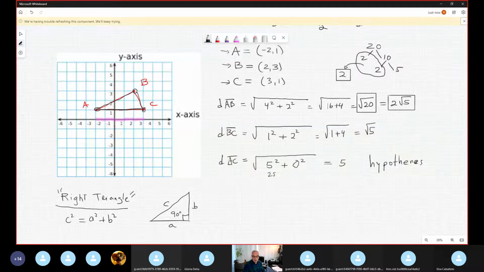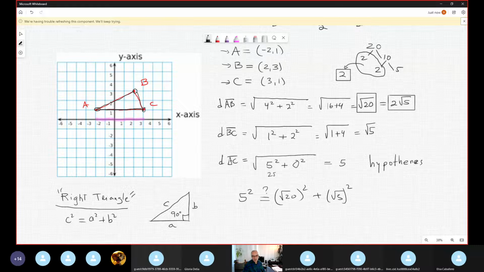Okay, I need to prove somehow that 5 squared, which is C squared, should be equal to the sum of the others. I don't know, square this guy, but this guy is radical 20, no? It's radical 20 squared plus radical 5 squared.